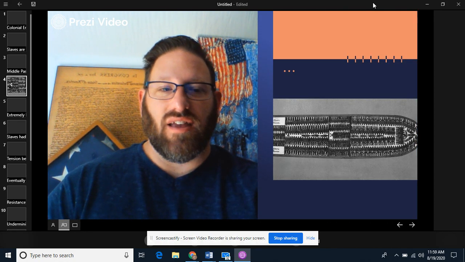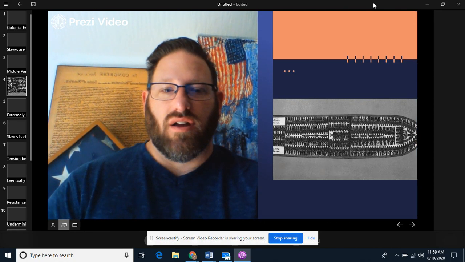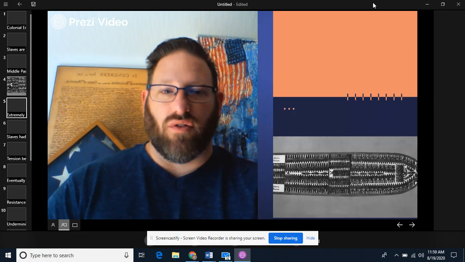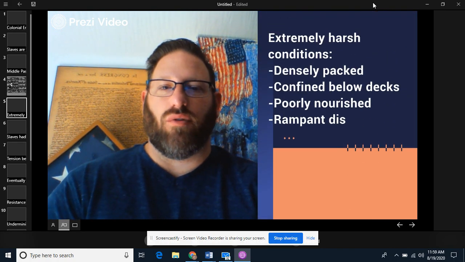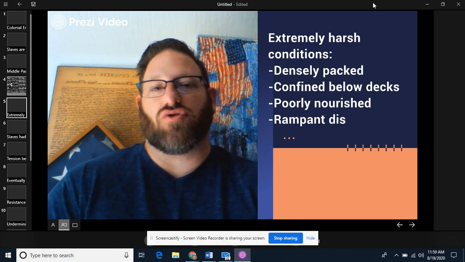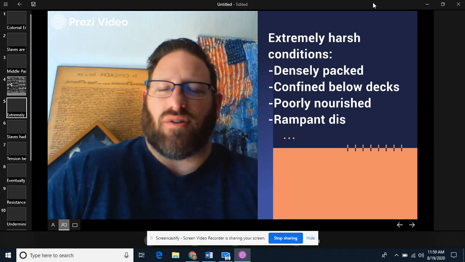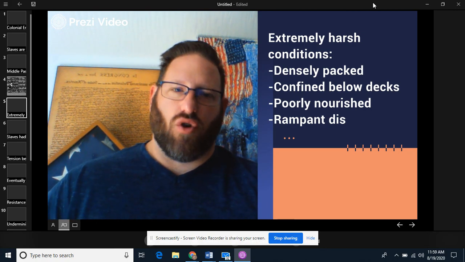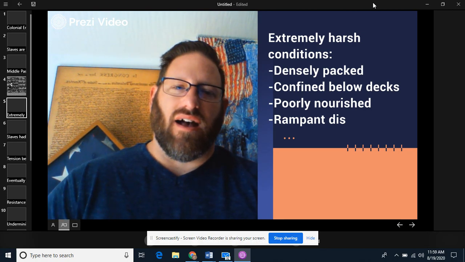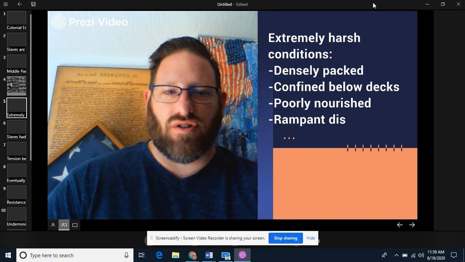But you can see, based on how they were chained together and chained to the floors, just how terrible these conditions would have been. They were extremely densely packed, confined below decks. Can you imagine? Just think for a moment what the air quality would have been like, right? And how poorly nourished they would have been.